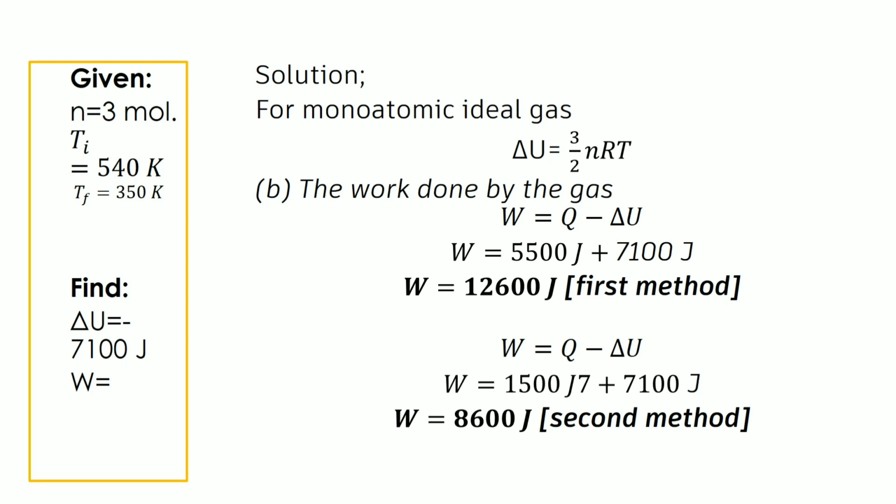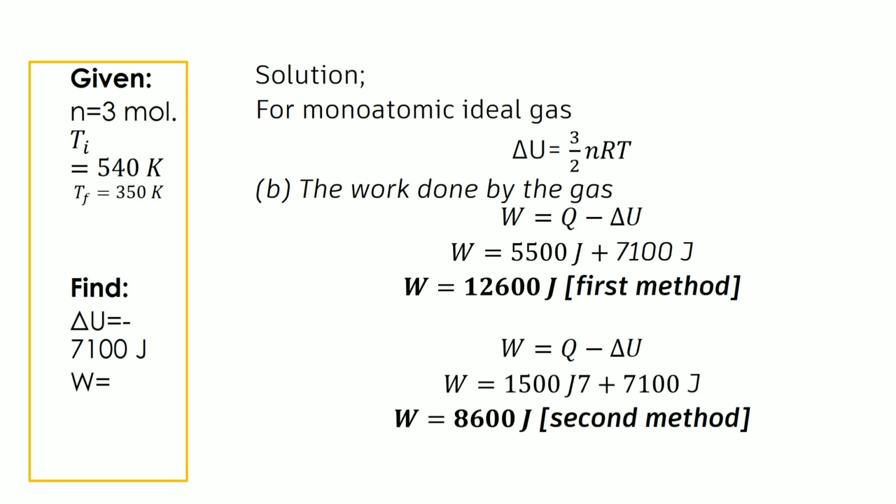Since our internal energy is negative, minus negative becomes positive, it would be 12,600 joules. The work done by the gas in our first method is 12,600 joules.